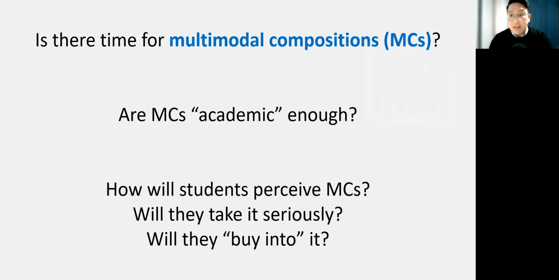And at the time, I was wondering if there was a way to incorporate multimodal compositions, a topic I was interested in, in an academic writing class. For me, there was always a fear that there wasn't enough time for it. We were trying to get them to do a certain number of essays and go through a certain part of the textbook.